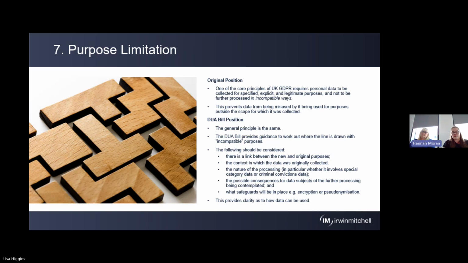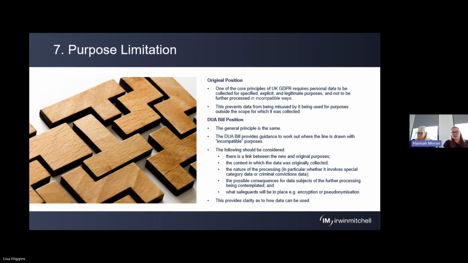So when determining whether a purpose should be considered incompatible, you would need to have a look at whether there's a link between the new and original purpose, what the context is in relation to when the personal data was originally collected, what the nature of the processing is, particularly whether it involves special category data or criminal convictions data, what the possible consequences are for individuals if the further processing being contemplated actually goes ahead, and what safeguards will be in place to protect that personal data, such as encryption or pseudonymisation.